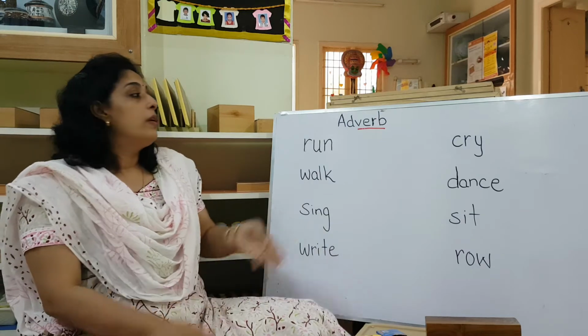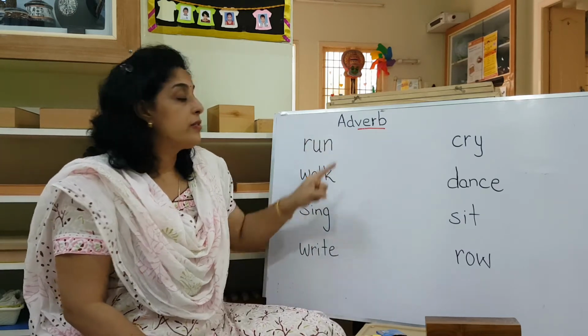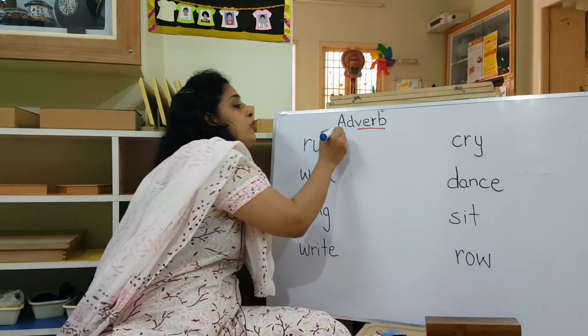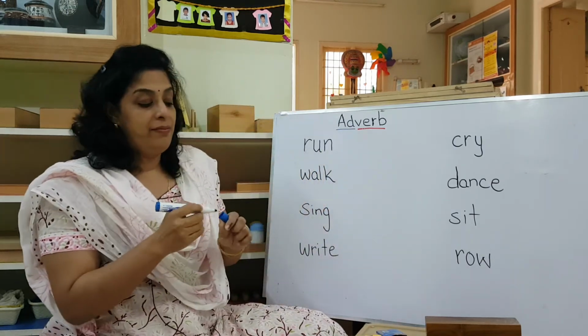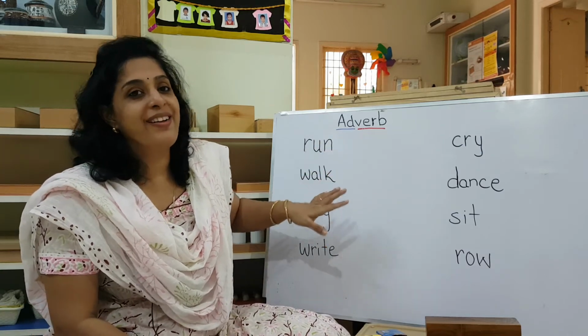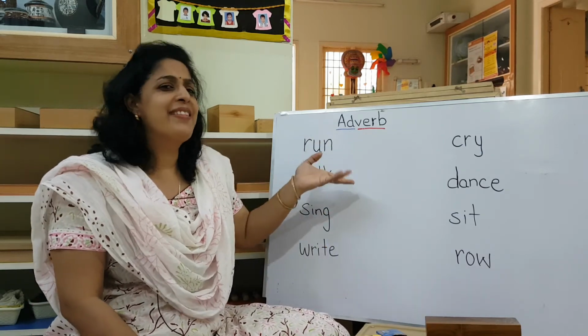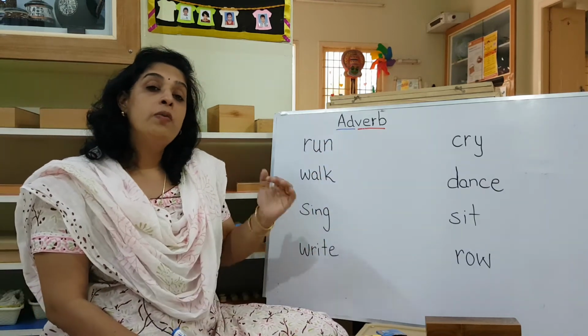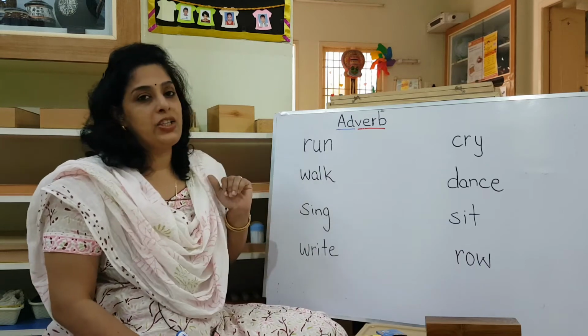Okay. Now, new thing that we are going to learn is about adverb. Do you notice this new thing added to the verb? It's added. So that's not why it's called adverb. Okay. Added to verb can say. Okay. Adverb is a word which tells about the action.